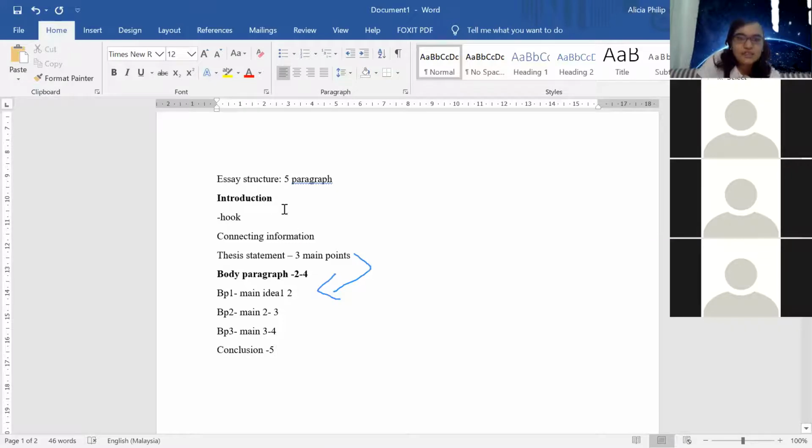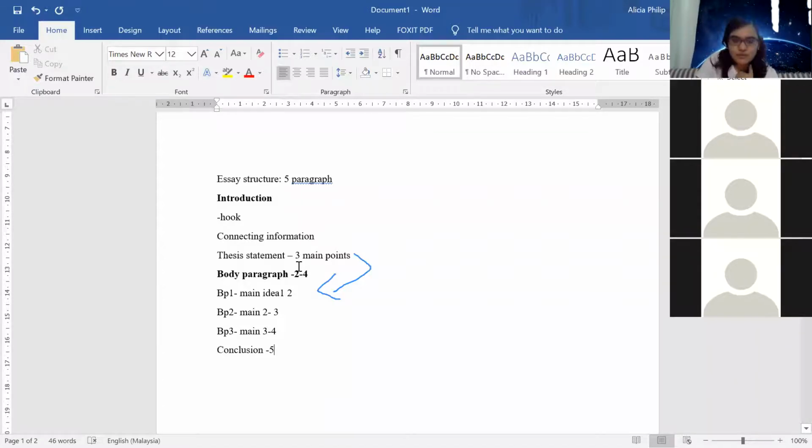Introduction is just to attract your reader. Conclusion is just to summarize everything else that you have written. So here is where the main gist is. So if you want to add 6, 7 paragraphs, you may, but you will have more points here, which means your thesis statement states how many points you have.